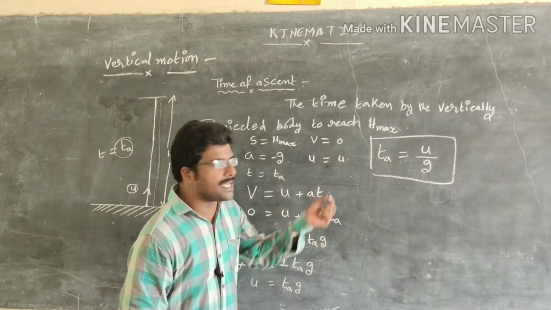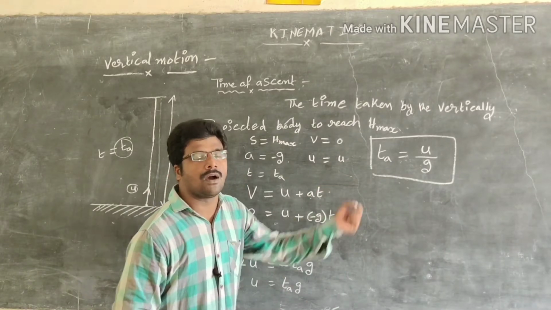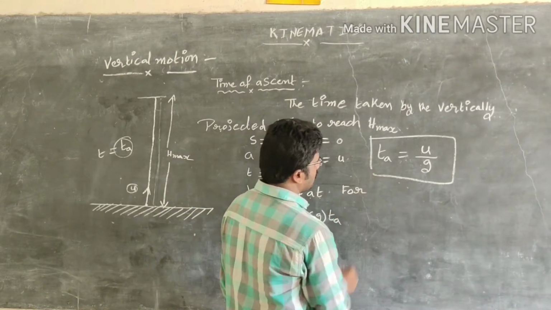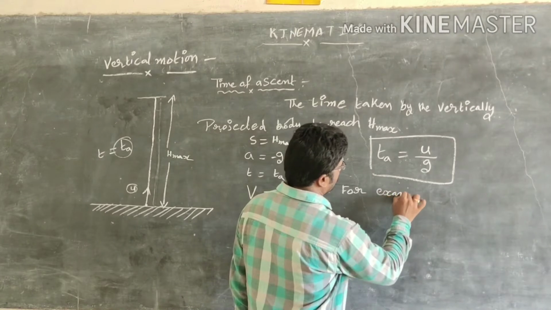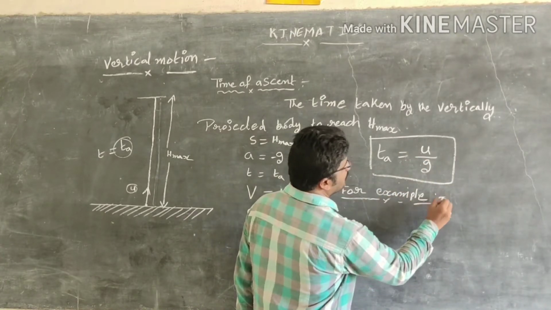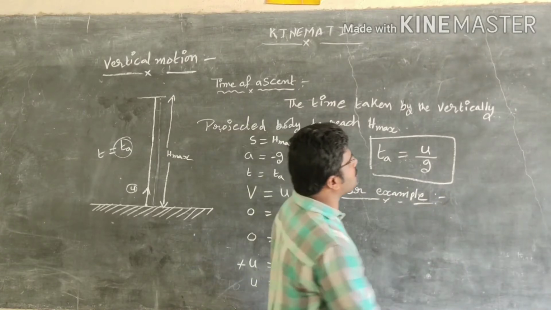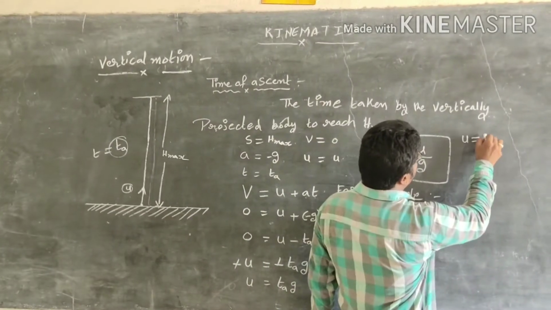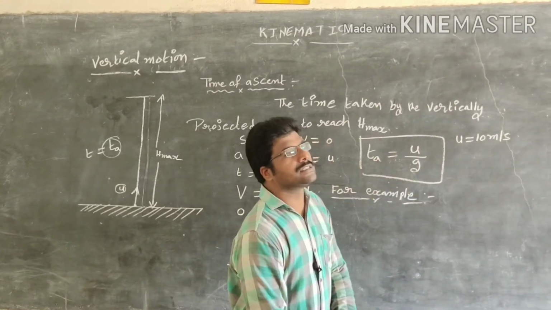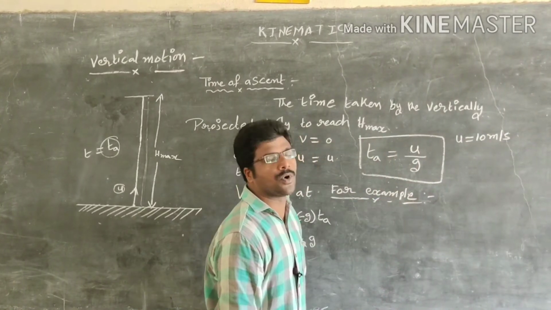Now we are going to see a small numerical on this. For example, let us consider a body is projected with a velocity of 10 meter per second. Calculate the time of ascent for this body.